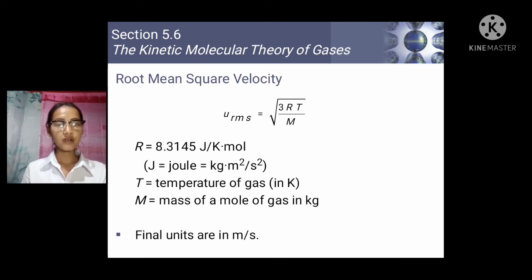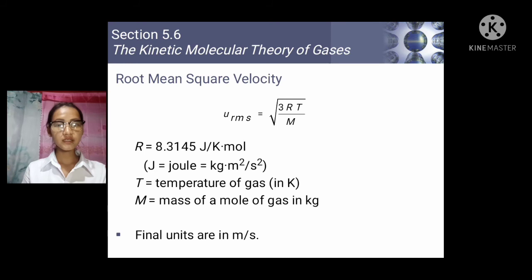So R means the molar gas constant. T is the temperature in Kelvin. And M is the molar mass in kilogram per mole. So R, the given, is equal to 8.3145 J per K times mole.